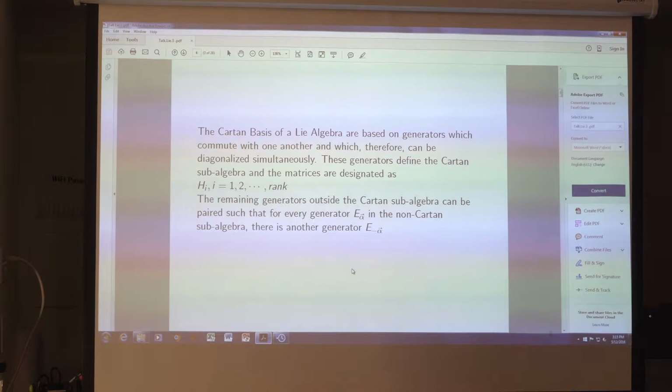I said that you could have a rotation about the 1, 2 plane, the 1, 3 plane, the 3, 5 plane. That's another way I can label the generators, because I find the geometrical interpretation of my algebra. So knowing the geometrical interpretation will allow me to label the generators, it's like a bookkeeping device.